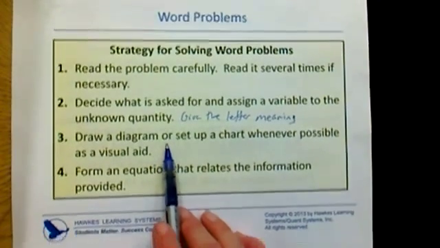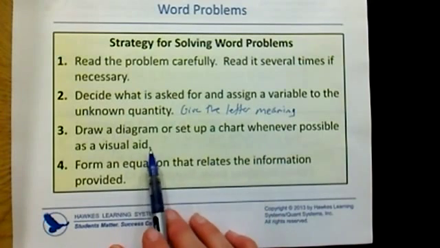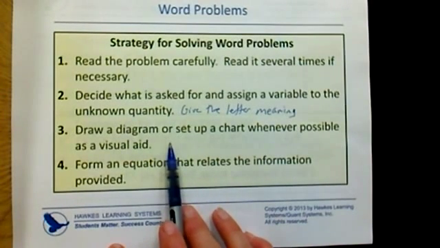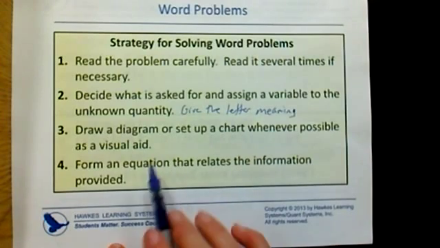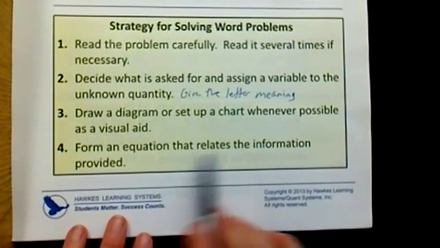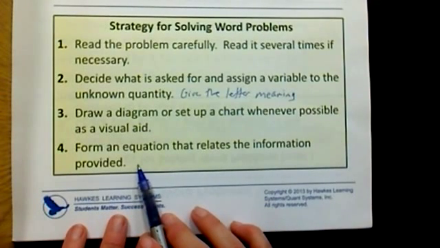Draw a diagram or set up a chart whenever possible. We're going to do that with quite a few of these today, because charting them gives us the values that we're going to work with. Form an equation that relates to the information provided. That equation is what we're going to end up solving.